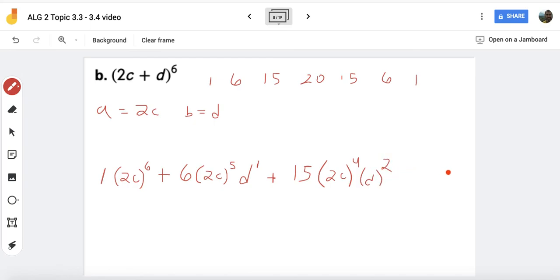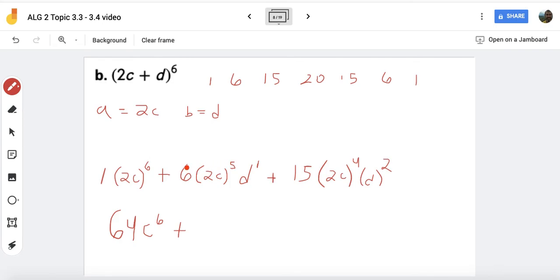And this goes on and on, but let me expand this out and then I'll show you the final answer again. 2 to the 6th power, 2, 4, 8, 16, 32, 64, I believe, is 2 to the 6th power. So 64 times 1, and C to the 6th power, plus we have 6 times 2 to the 5th power, 2, 4, 8, 16, 32.